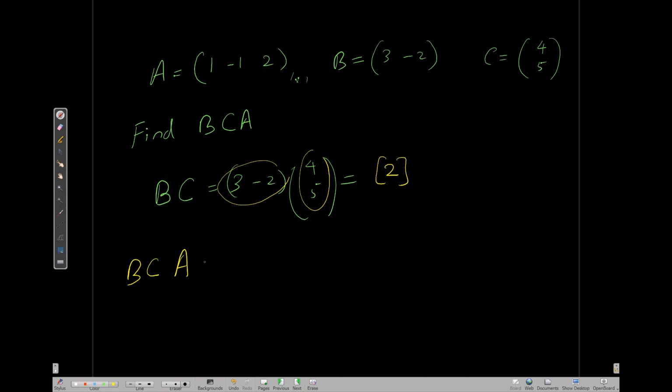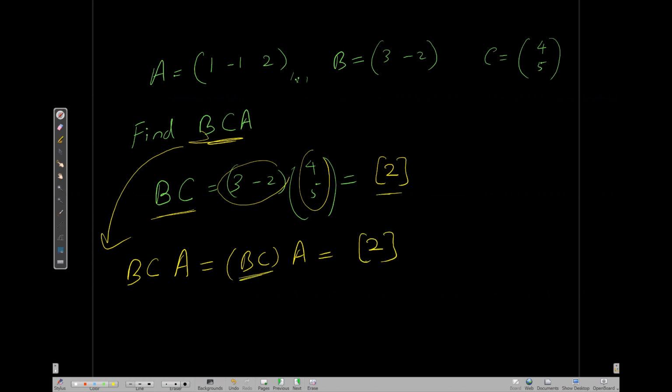BCA is actually BC times A, right? So that's what we did. We first found BC, which is this 2. And now I'm going to put A here. A is 1, negative 1, 2. So let's see the sizes: 1 by 1 and 1 by 3.